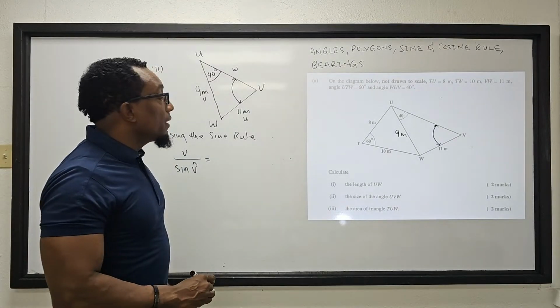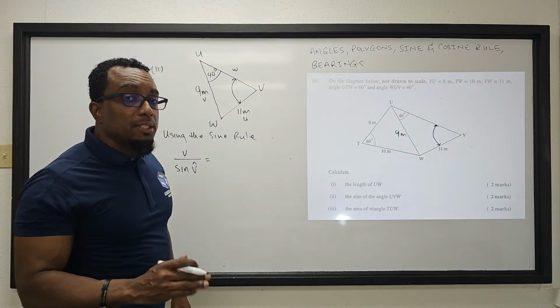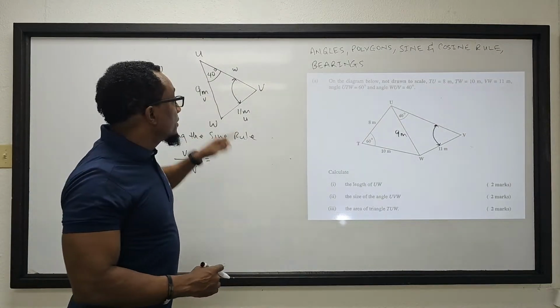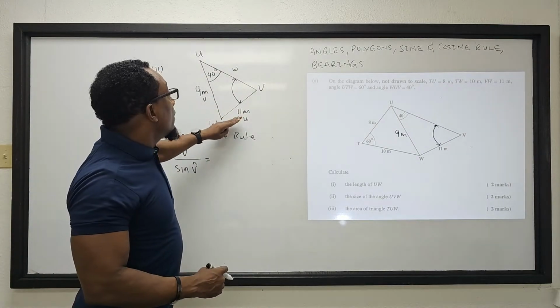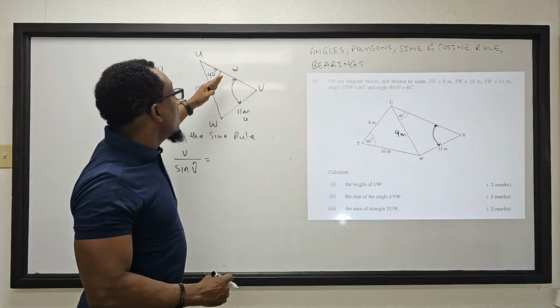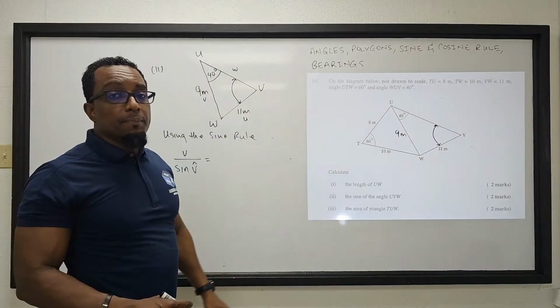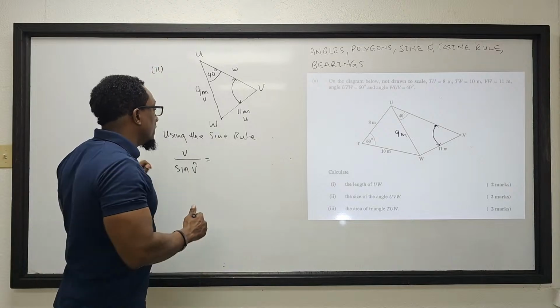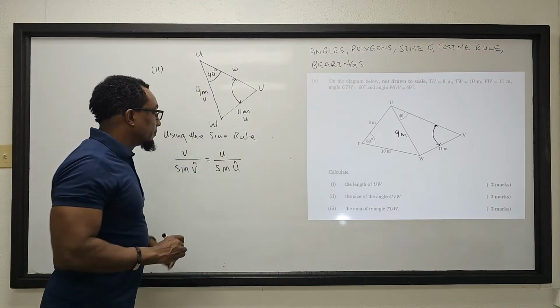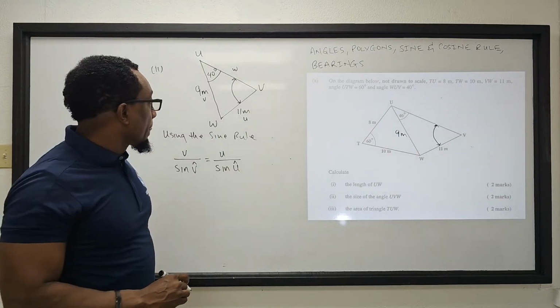And you allow the other ratio to be one where you have information for both the side and the corresponding angle. This is the side 11 meters, and the angle opposite it, which is known as the corresponding angle. You also have information for that. So the other ratio in this case will be lowercase u over sine the angle at U. Yeah?